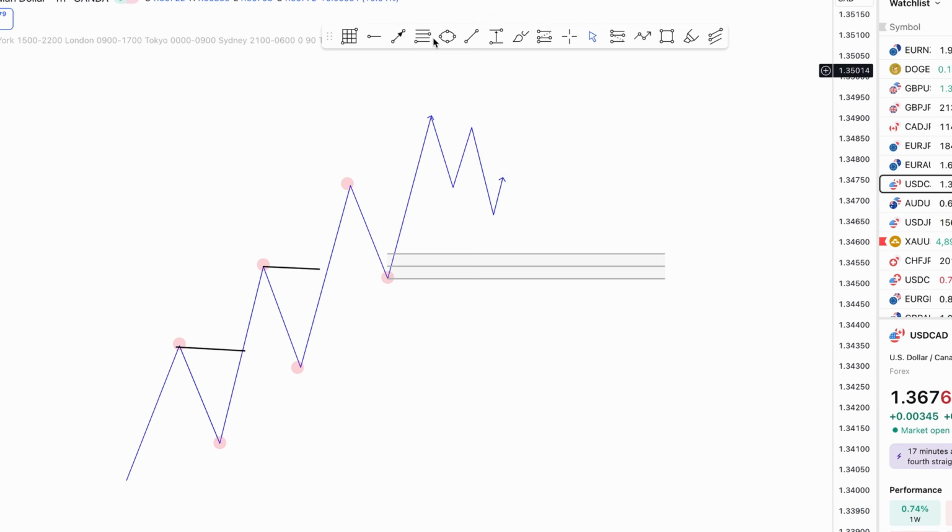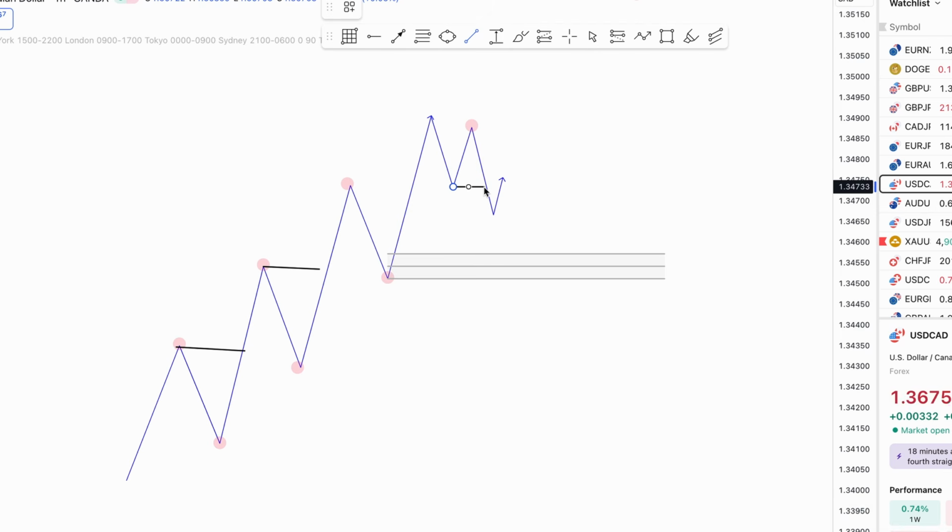This is where a lot of traders find themselves trapped or jumping into the wrong market context. As you can see, what has happened right here is the market has failed to give us a higher high. That's a sign that we might be changing direction. And then, as we can see, we have a change of character right here.